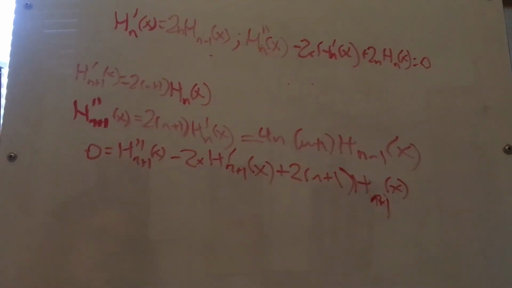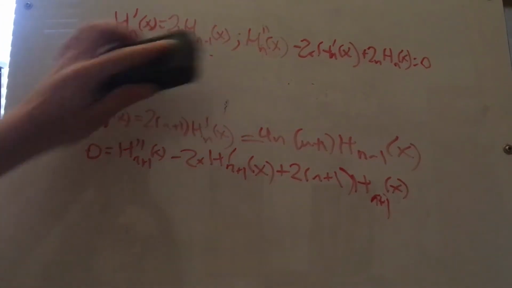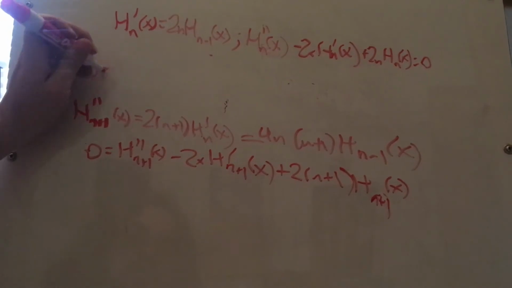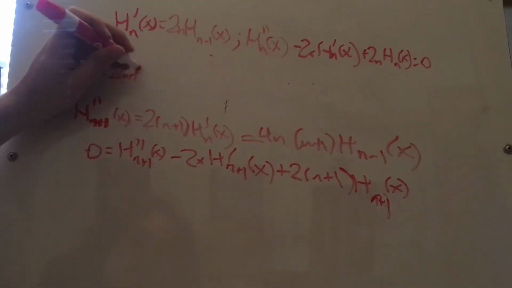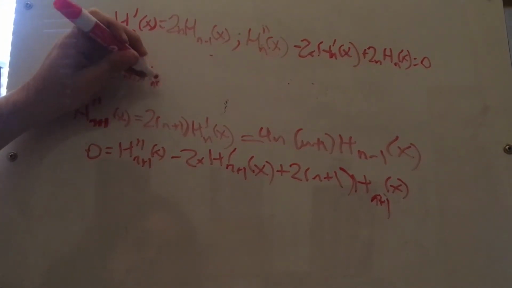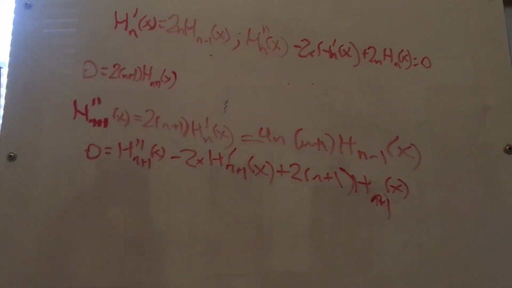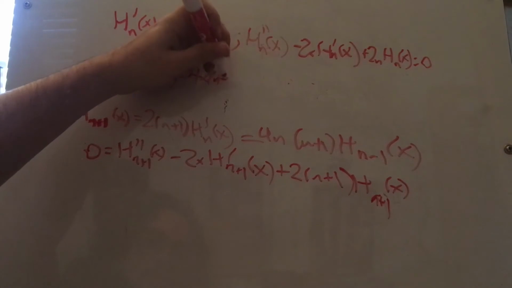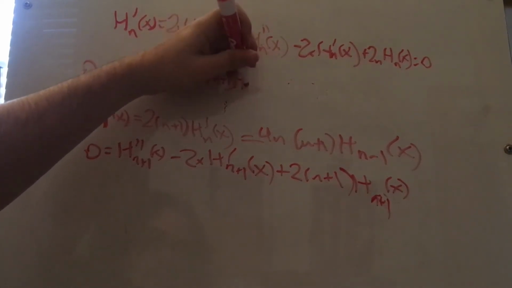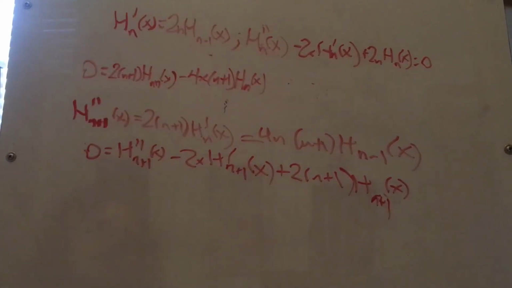So then we plug these in, and plugging in the first one, we get 0 is equal to 2(n+1) H_{n+1} of x minus 2x times 2(n+1) H_n of x, which is 4x(n+1) H_n of x.